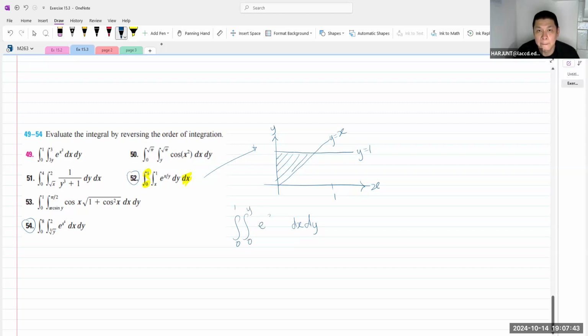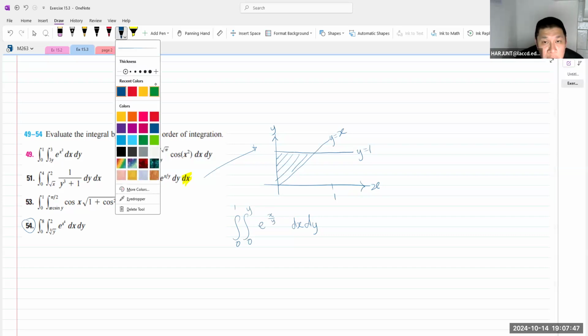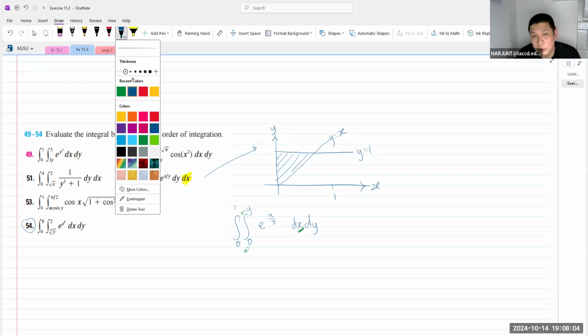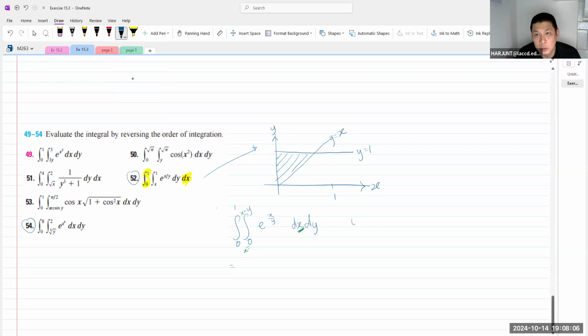Now keep in mind that when it comes to the limits of integration, this variable here, the dx, tells us x is from 0 to what? Okay, keep that in mind. Now then, how do we integrate that? You can use substitution if you want. u equals x over y, so du equals 1 over y dx.